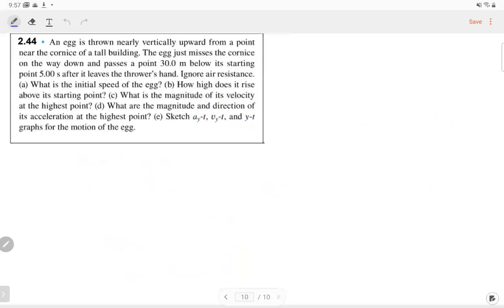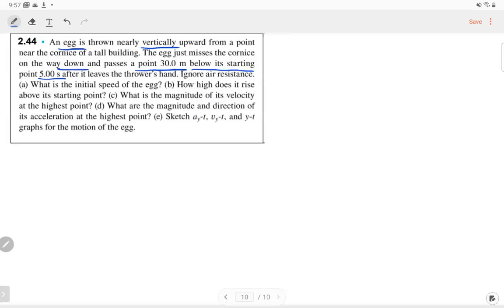If there's no question, let's move to the next question. There is an egg, and it says this egg is thrown vertically, and the egg returns and goes down past a point 30 meters below its starting point 5 seconds after leaving the thrower's hand.